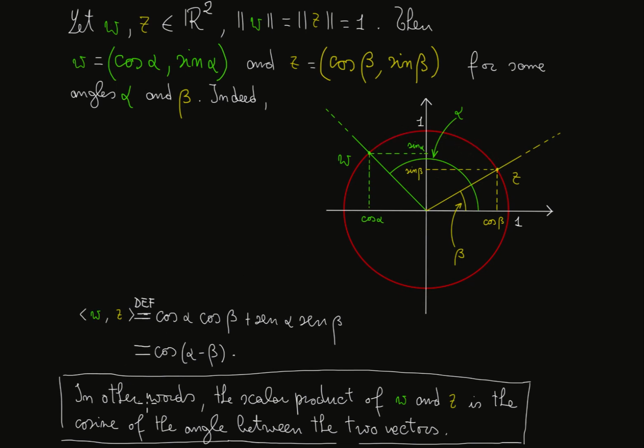In other words, the scalar product of W and Z is the cosine of the angle between the two vectors.